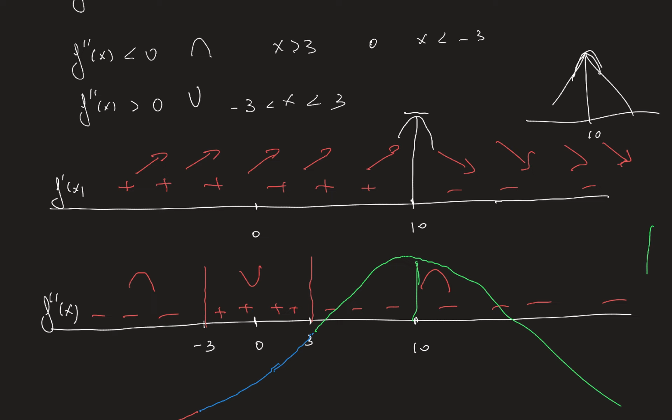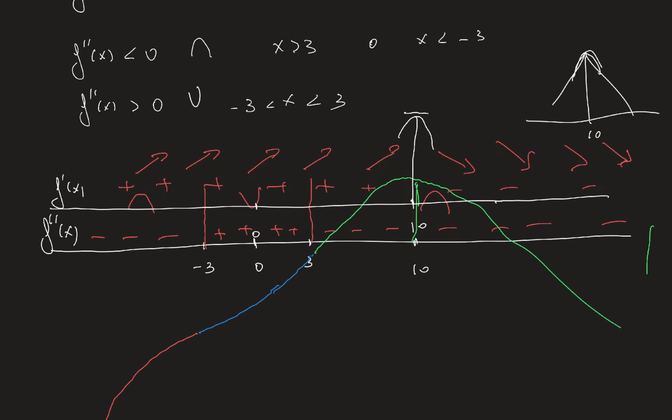The graph needs to meet the two conditions. It has to be an increasing graph for x smaller than 10, a decreasing graph for x bigger than 10, and the concavity should be, to the left of minus 3, this concavity, upward. Now concavity downwards from minus 3 to 3.